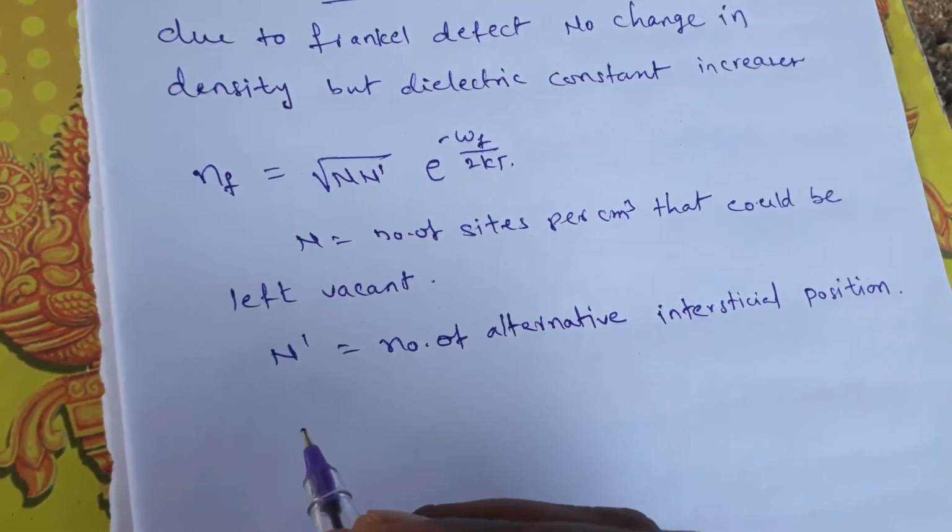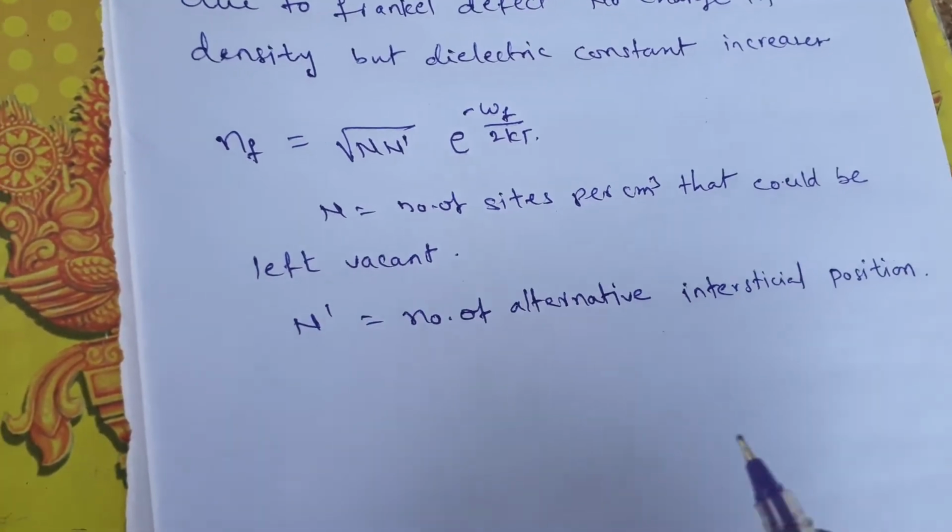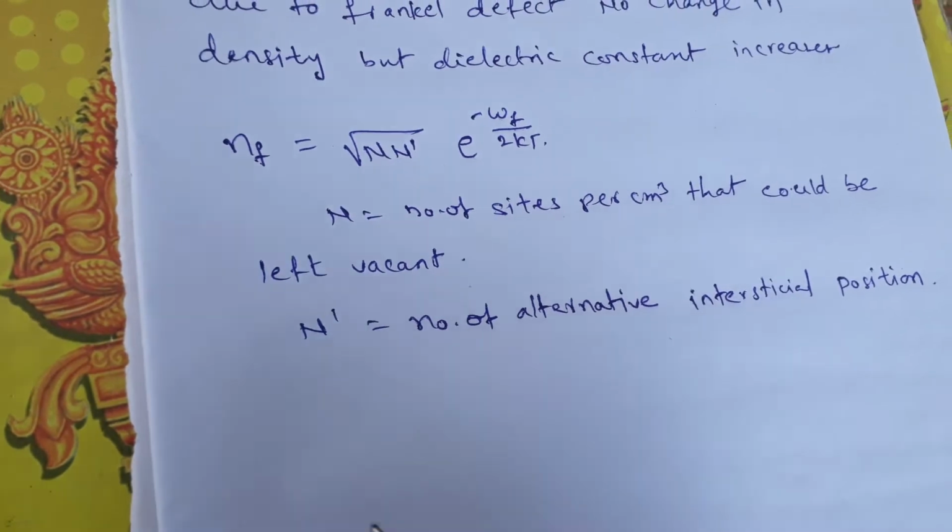Wf, you know, is the work necessary to form the Frenkel defect. k is the Boltzmann constant. T is the absolute temperature.